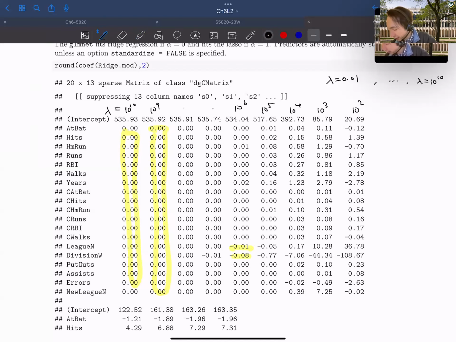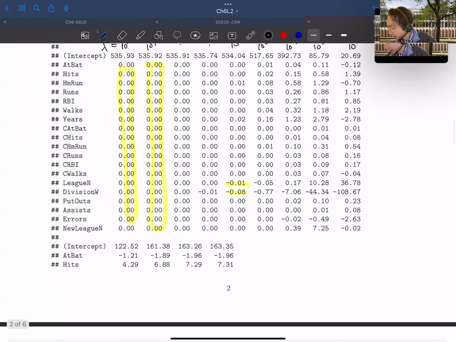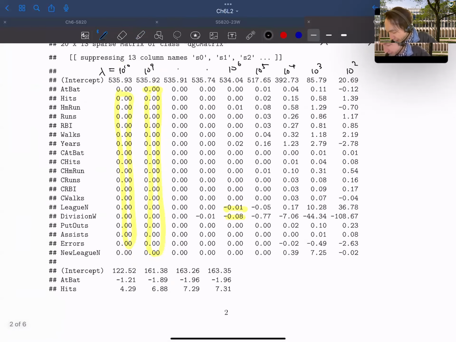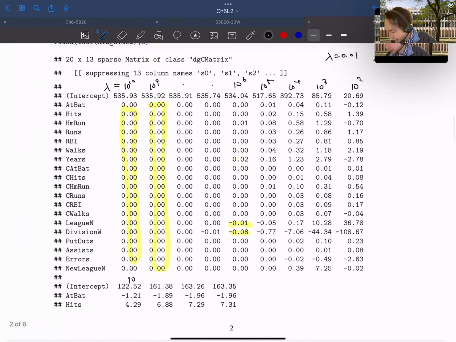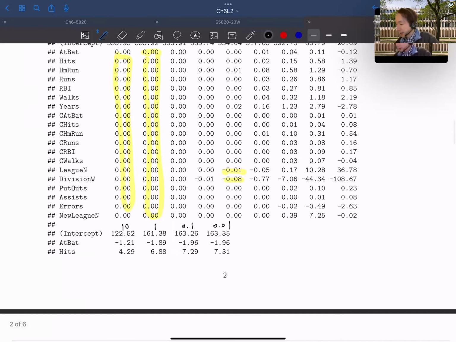I think we don't have enough space to put it. Below here, we have 10, this is 1, this is 0.1, and this is 0.01. So you can see the coefficients.